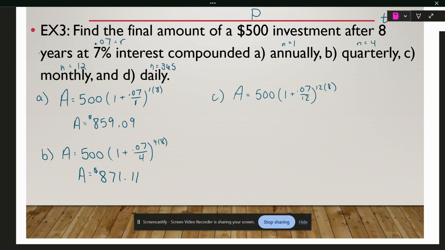Again, if I was doing this in my calculator and I had just a normal scientific calculator, I'd do 0.07 divided by 12, enter, plus 1, enter, to the 12 times 8 power, enter, times 500, enter. $873.91.